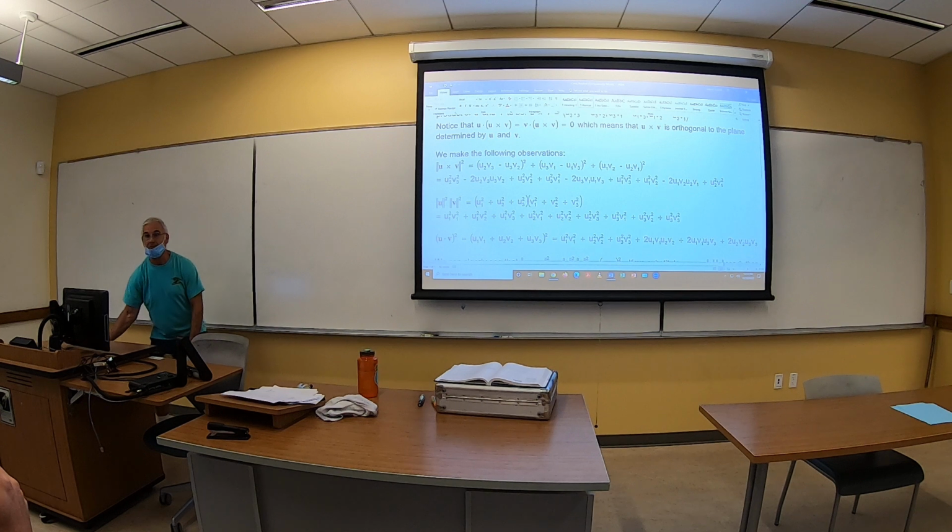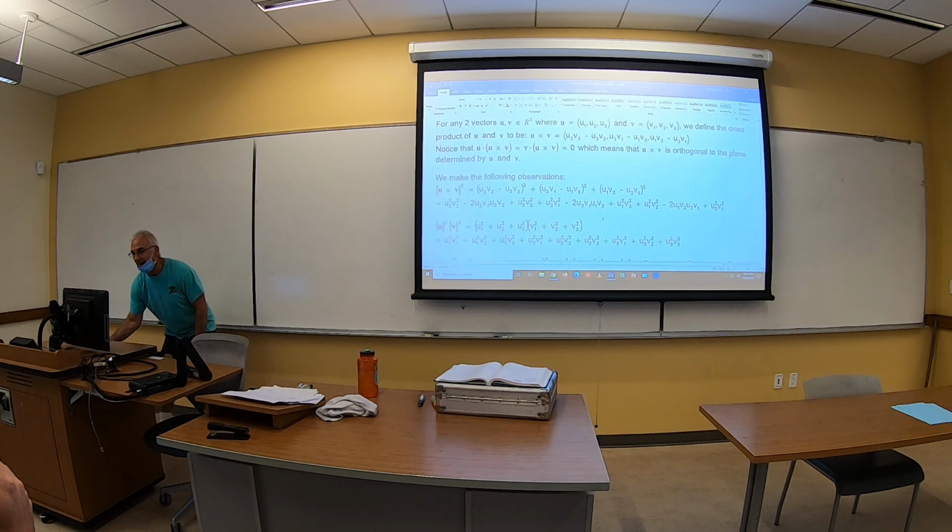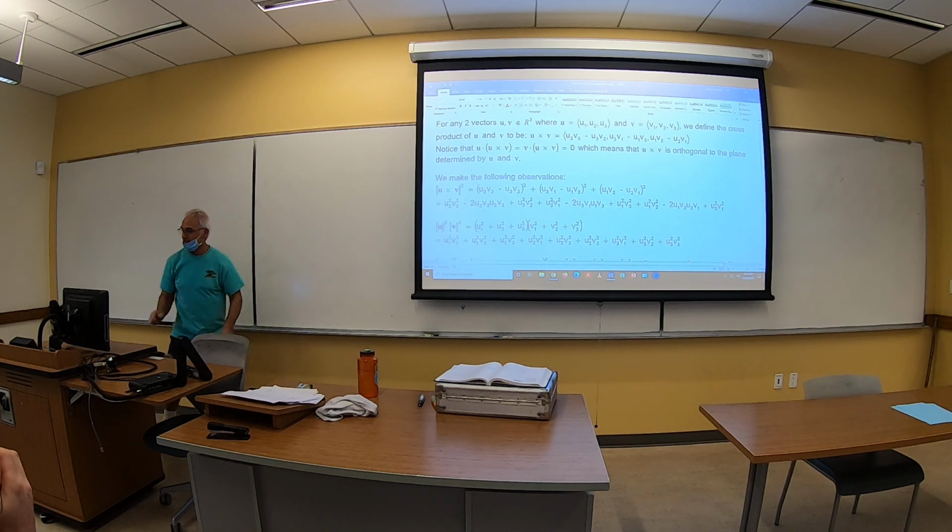That's why I don't do this by hand anymore, because I'd fill all this board up and you'd all be blind and your eyes would be pointing in every which direction. Does everyone see that? It's sitting right there in front of you. Again, if I take the product of the squares of the magnitudes and I subtract the square of the dot product, I get exactly the magnitude of the cross product squared. Notice, even the negatives where they appear on the 2's.